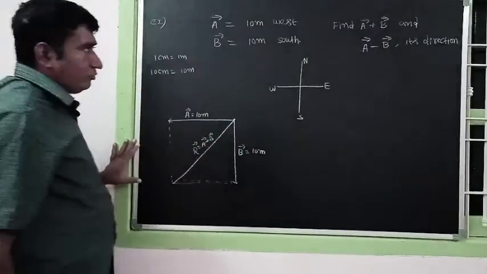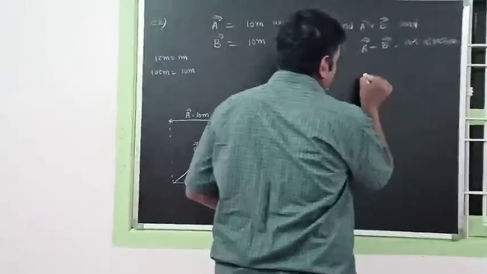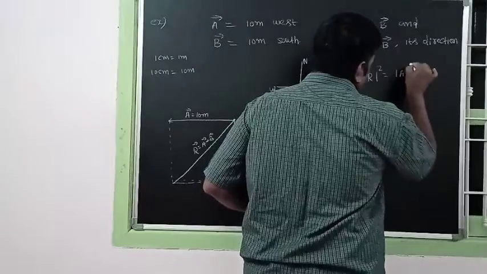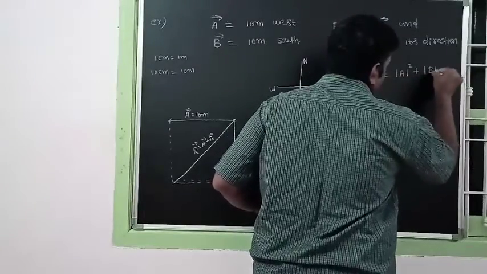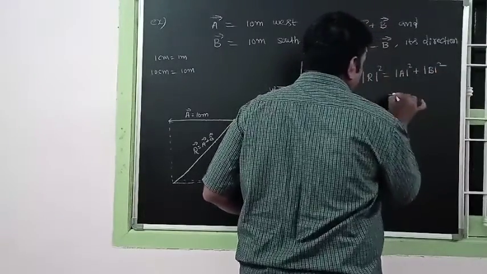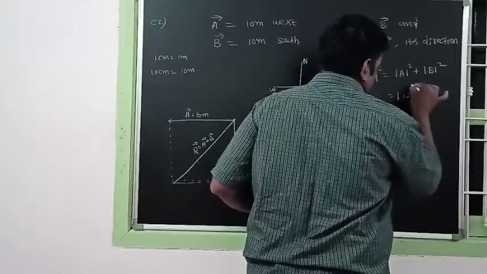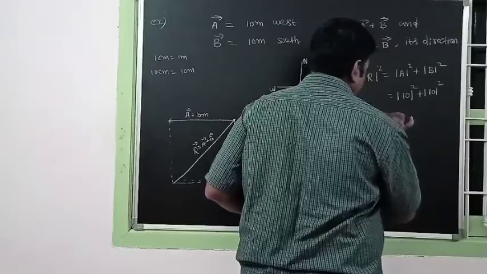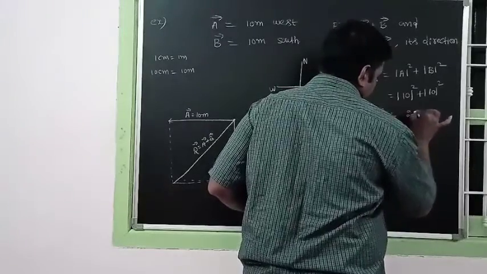In terms of magnitude, modulus of R square is equal to modulus of A square plus modulus of B square. With the help of this, 10 whole square plus 10 whole square, which is modulus of R square equal to 200.